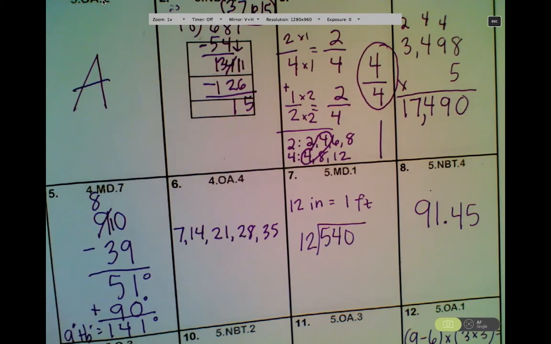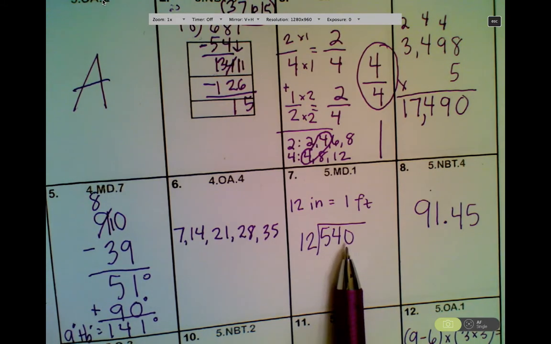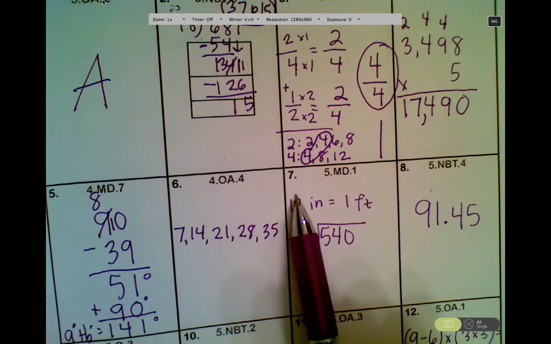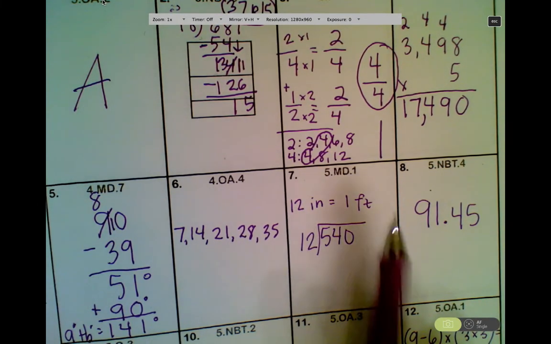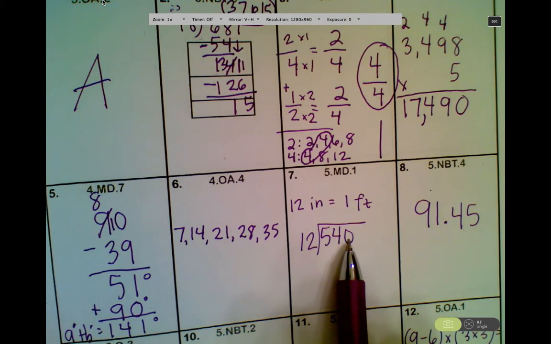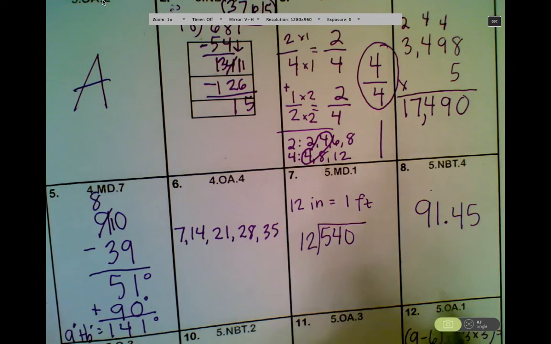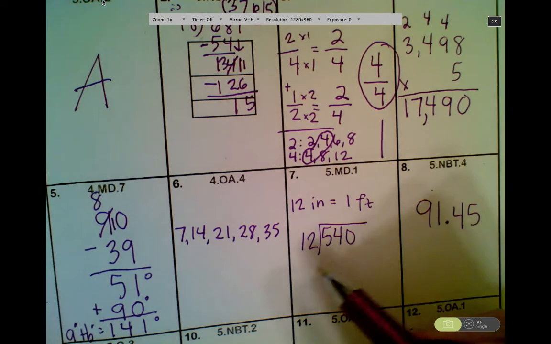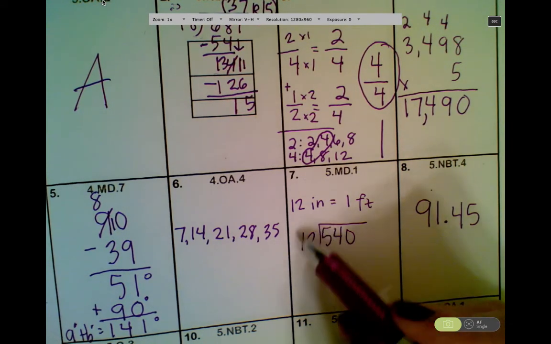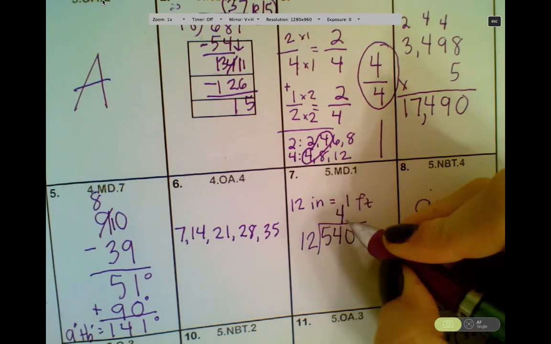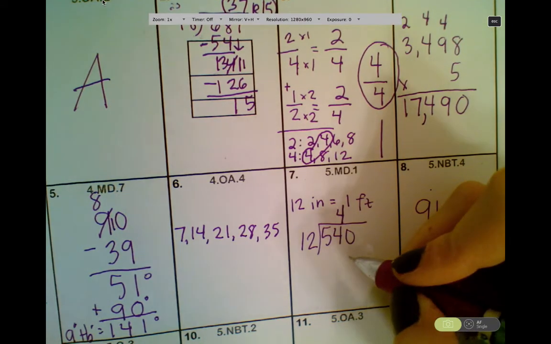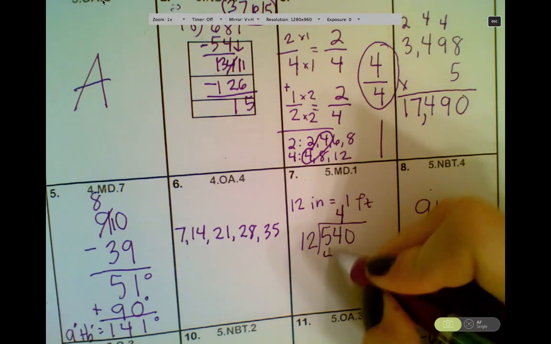Number 7, convert 540 inches to feet. I know that there are 12 inches in 1 foot, so I'm going to divide 540 inches by 12 to figure out how many feet there are. I know that 12 times 4 gets me closest to 54, and 12 times 4 is 48.